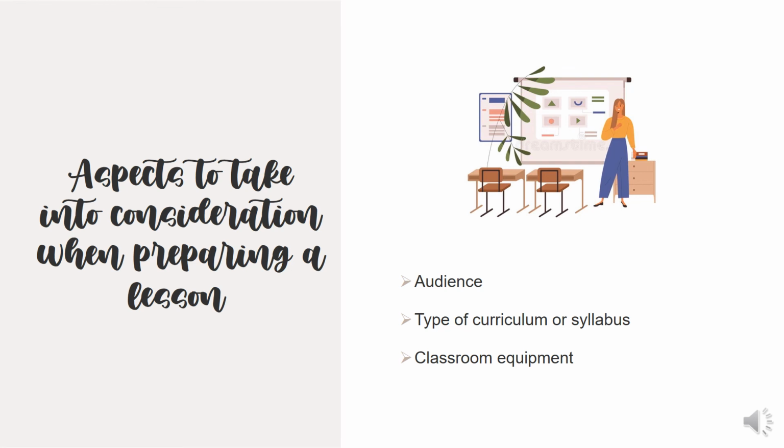So I have to find another way where I can show the students the video or present the lesson. Maybe if I can use a big screen, then I can use a computer, or I can present it through a photocopy, or I can do another way to present that lesson.